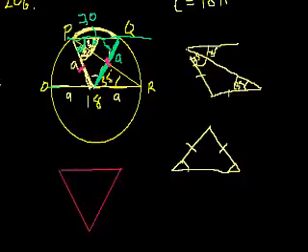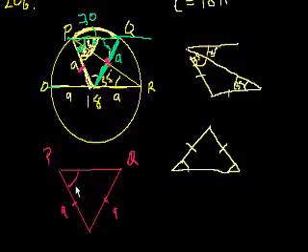So this is P, this is Q, and this is the center of the circle. We know that this side is 9, this side is 9, and we just figured out that this angle right here is 70, which was 35 plus another 35. Once again, isosceles triangle. If this side is equal to that side, then this angle is equal to this angle. So this angle also has to be equal to 70.